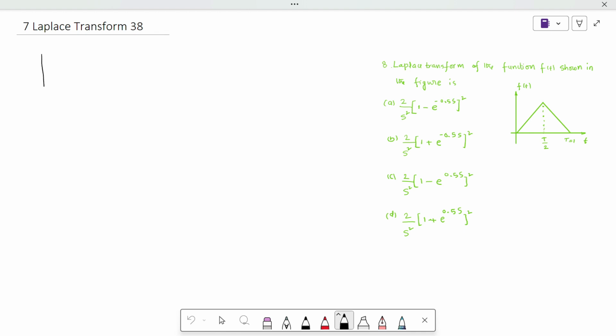Here I'm taking a rectangular pulse with width equal to 1 by 2, and magnitude of x of t equal to 1. So it's a convolution.